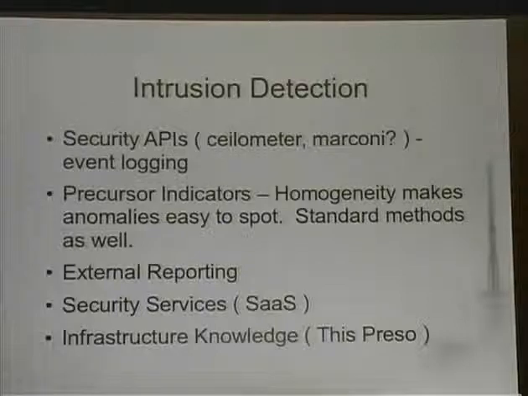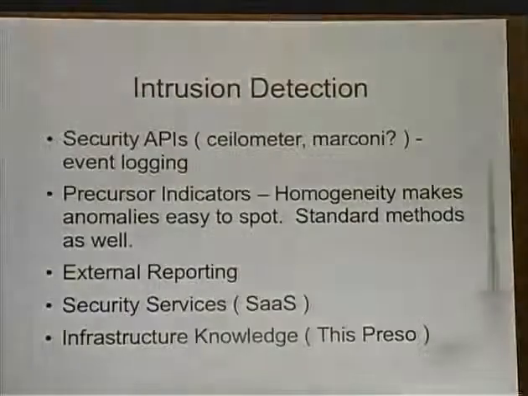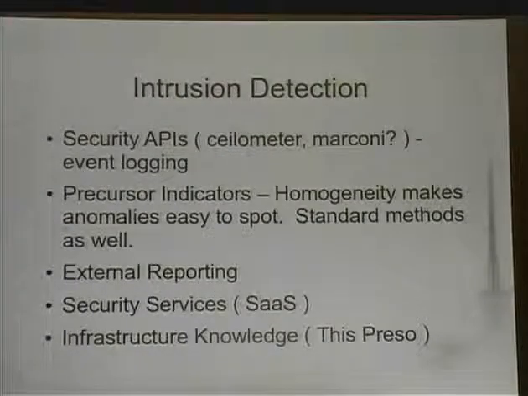So as we discussed before, homogeneity helps with making anomalies easy to spot, standard methods for precursor indication. Networking, IDSs, and things like that are other good precursor indicators. You probably want that sort of standard fare. External reporting, you probably want a mechanism so that people from outside can come in and say, I'm seeing weirdness.